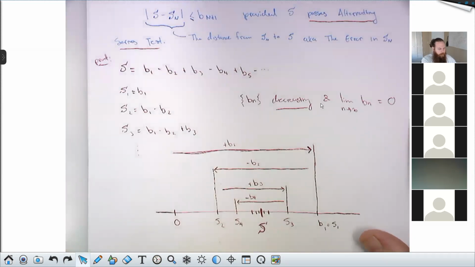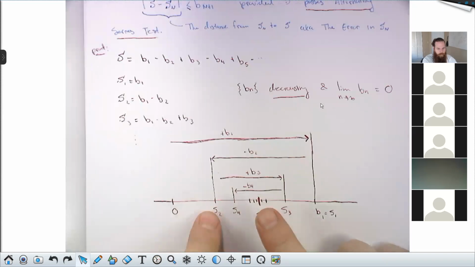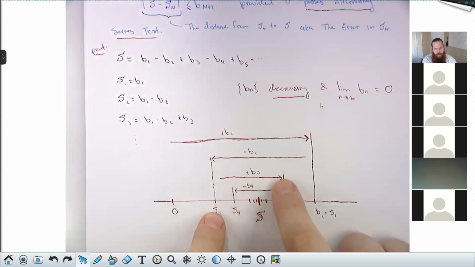Let's say I want to find the distance from S2 to S. That's this distance right here, the distance from S2 to S. Notice that the next step from going from S2 towards S is to jump all the way over S to S3.